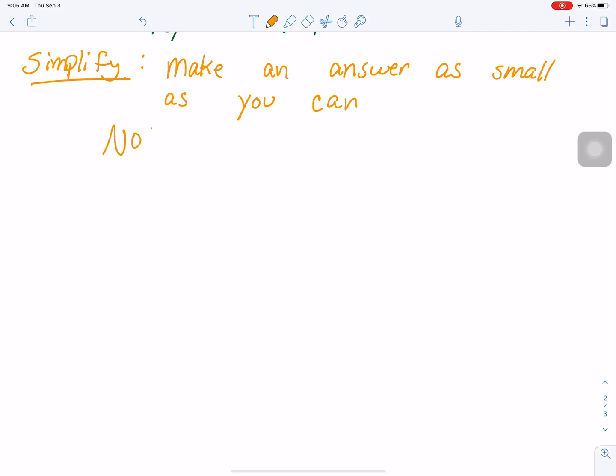And we're going to put a huge note in here. It does not mean the answer is going to come down to one term. Sometimes it can, but it does not always mean the answer is one term.